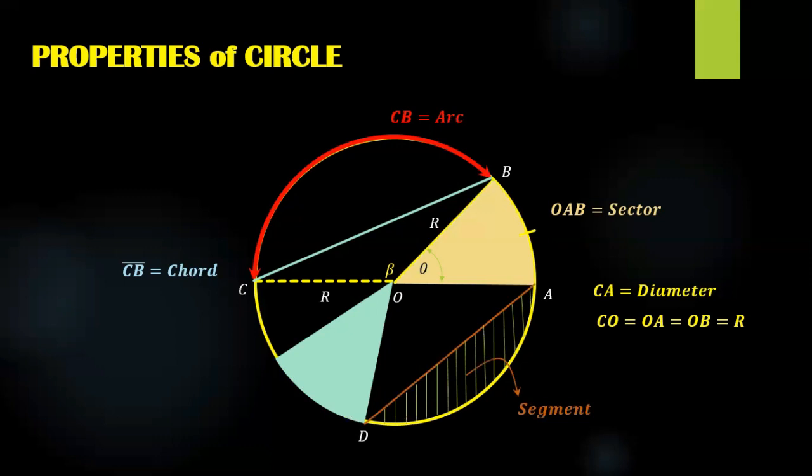So what is a segment? A segment is the area covered by a chord and an arc. For this segment, it is covered by chord AD and arc AD. Is it clear to you, everyone? Hopefully this matter is clear: properties of a circle.